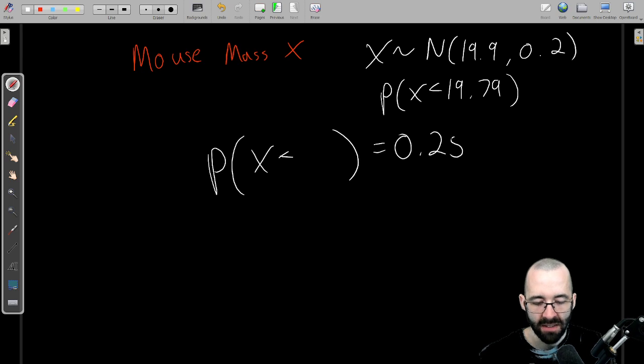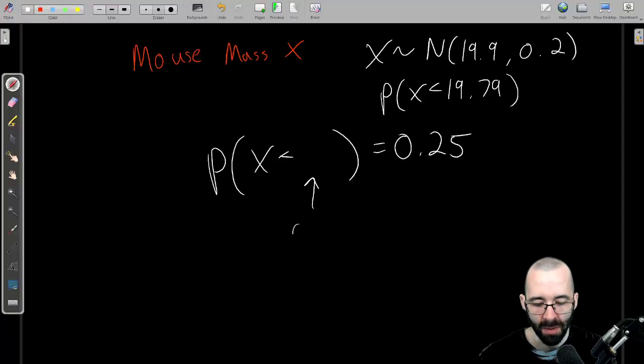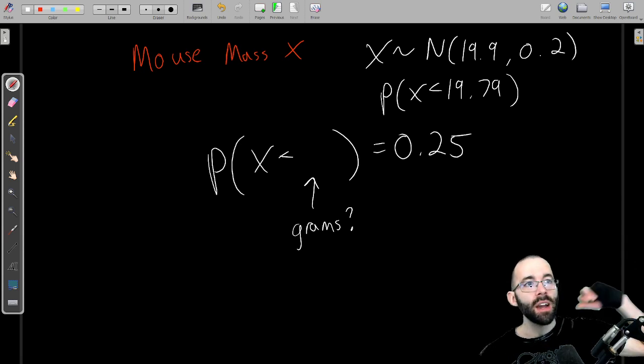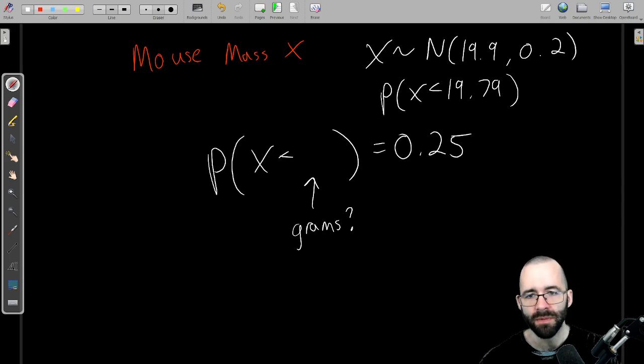This is the 25th percentile. Remember all the way back to unit 2. Percentiles and cutoff values. 25th percentile is the data value that's above 25% of the data. Okay? So all we need to do is find out what this is.